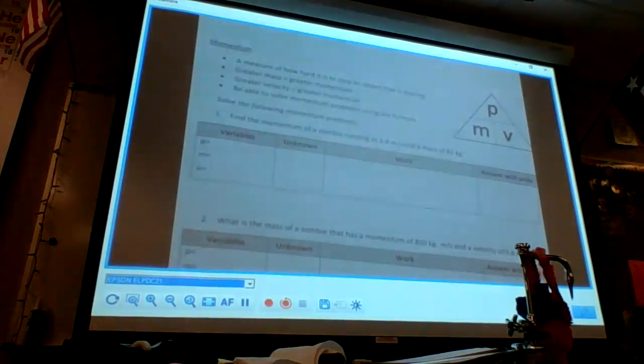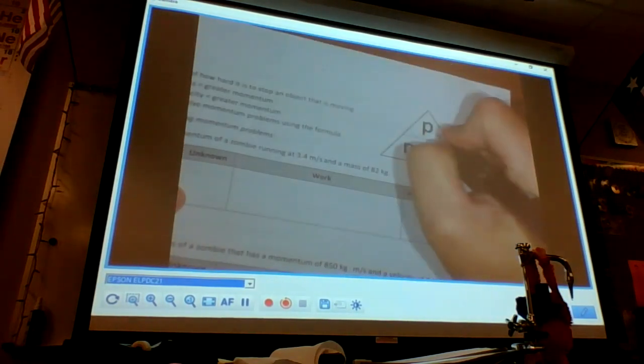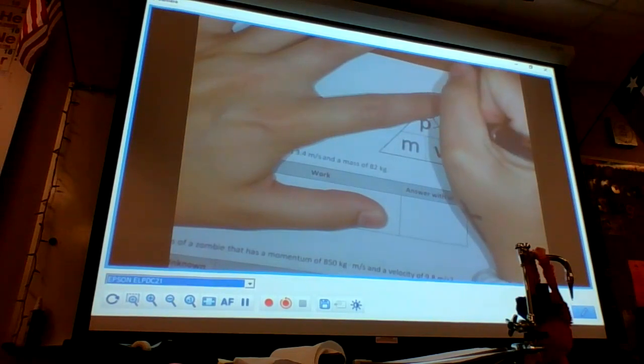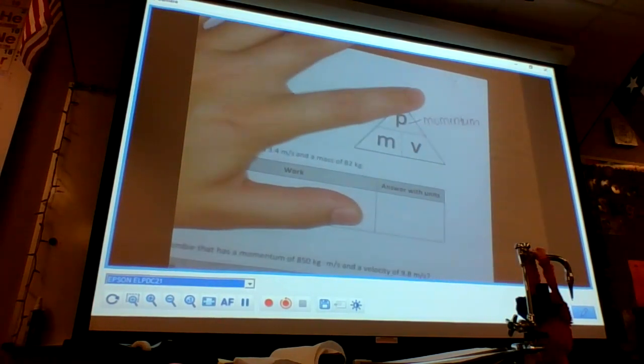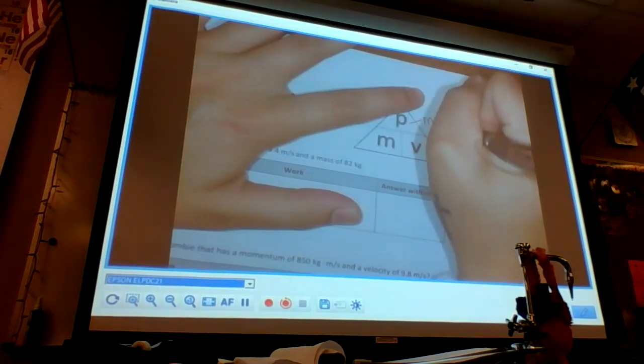So this is just like FMA, but now it's PMV. What does this P stand for? Momentum. Okay? The P is momentum. And remember, our momentum unit is kilograms times meters per second.